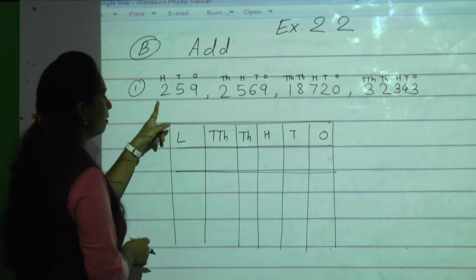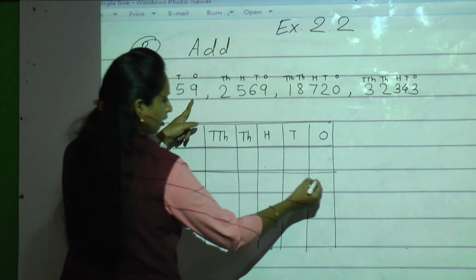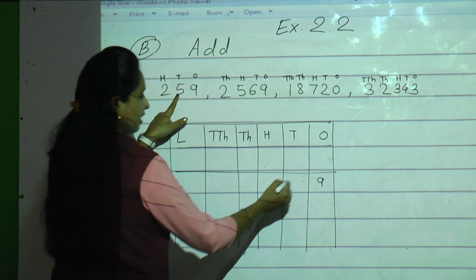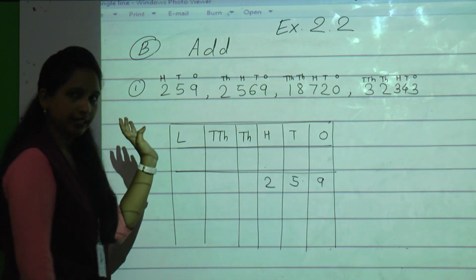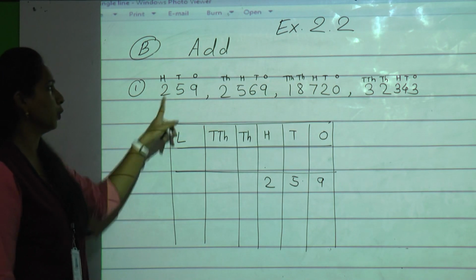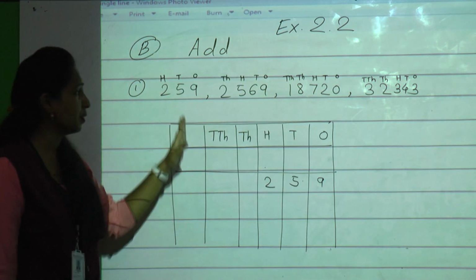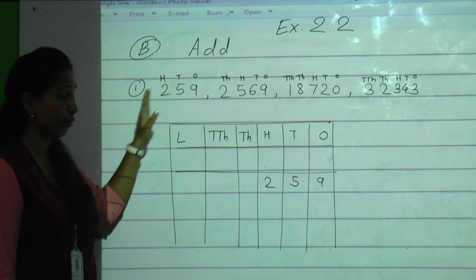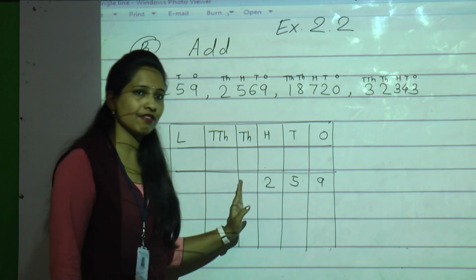Now we will place the numbers in the place value chart. See, on ones place 9, so write 9, tens place 5, hundreds place 2. If the place value chart is perfect in your mind, no need to write in this way, but just place the numbers from the left side always, from ones place, and while writing in the box also from ones place.